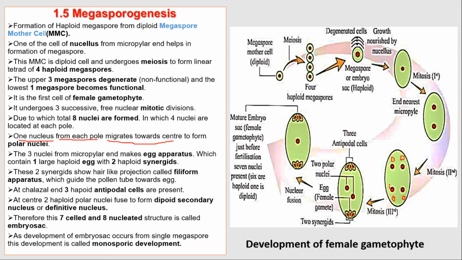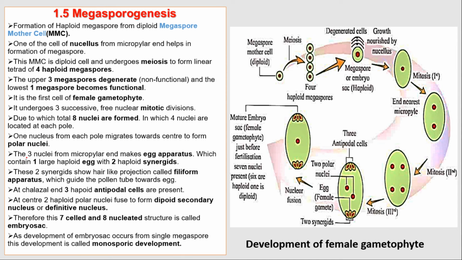So this nucleus migrates towards the center, and this nucleus also migrates towards the center, to form the polar nuclei. Therefore, here it is written 2 polar nuclei.